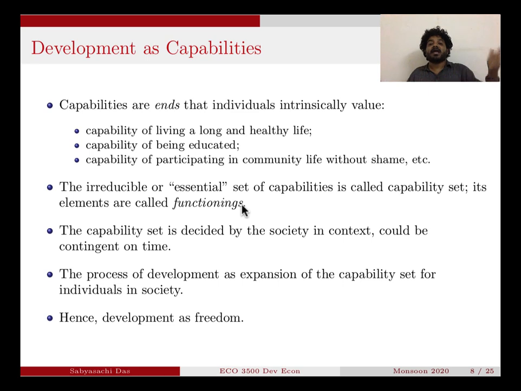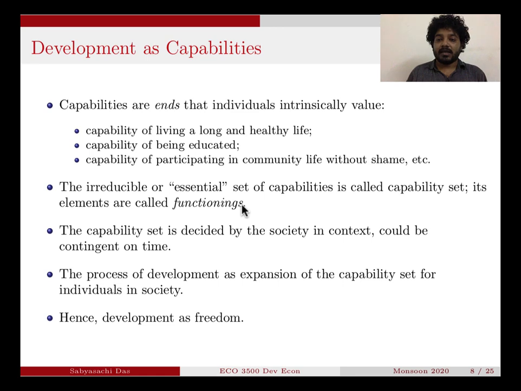But there certainly can be an irreducible or essential list of capabilities that we agree must be met in order to have any chance of living a full life. Therefore, this irreducible set of capabilities is what Amartya Sen refers to as the capability set. Okay.